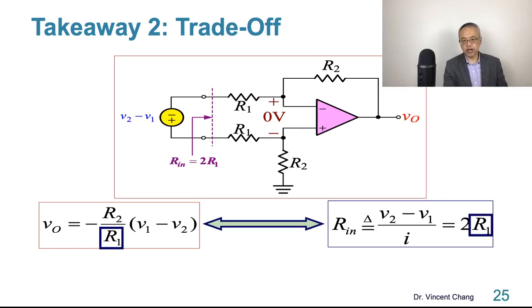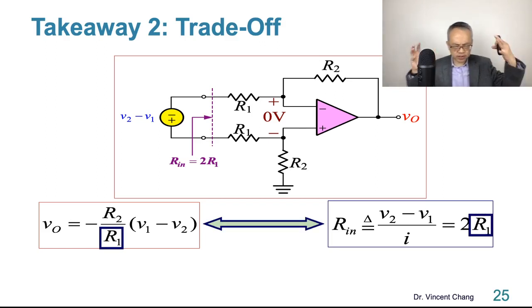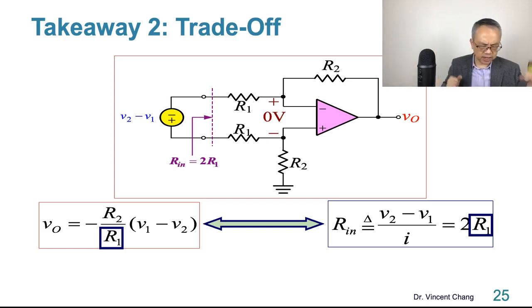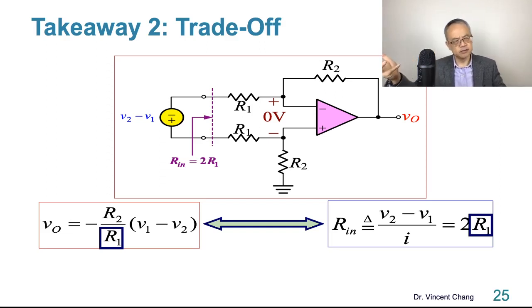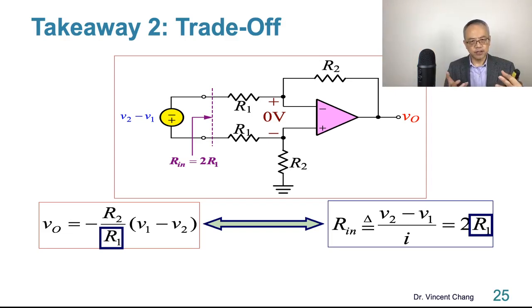But it will downgrade the gain. So high input resistance and high differential gain, you can't have both. You have to trade off. That's the downside of this circuit. You have to sacrifice one way or the other.